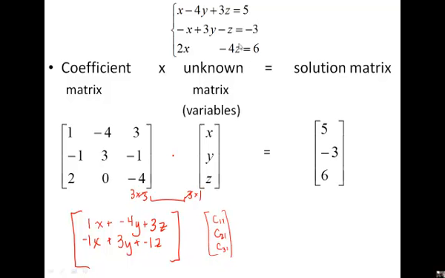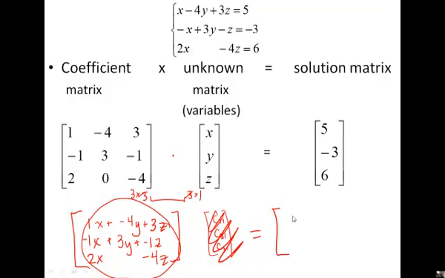So what you can see here is I am starting to form what's going on up here. And then finally we're going to have 2x, 0y, and then negative 4z. So what we're basically saying is these things right here are going to be equal to, I was just using that as a guide to help me come up with those entries and what I was supposed to be multiplying. These are going to be equal to this.